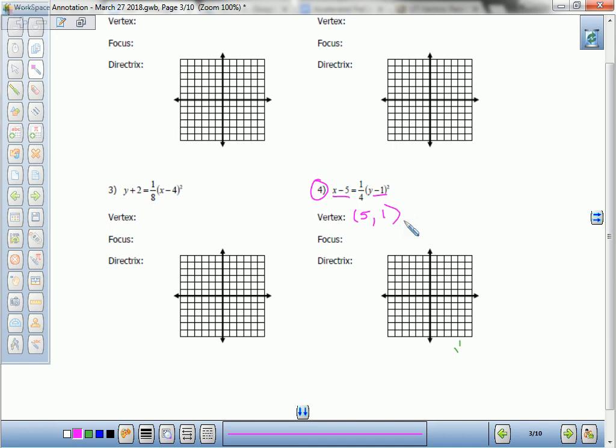So if they give us a form other than this, I like to write it in this form. All right, so the vertex can be found at the point 5, 1.